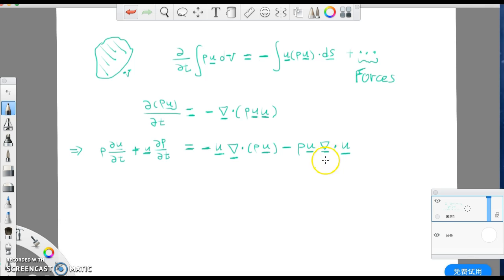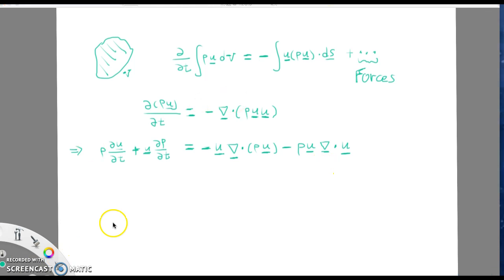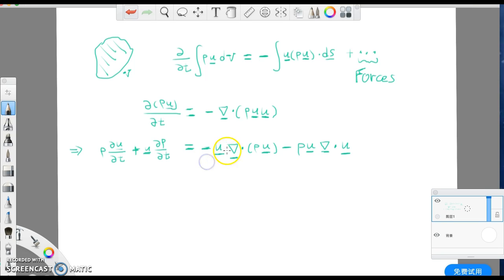Okay, and I was being careless. So this term is not what should appear here, and this term is wrong.